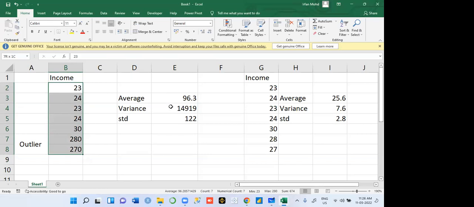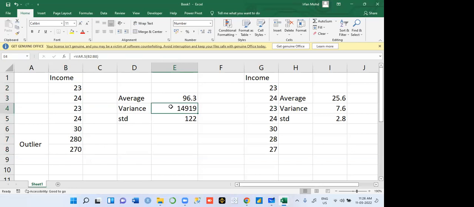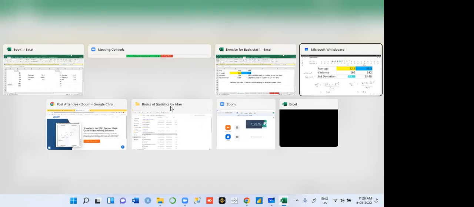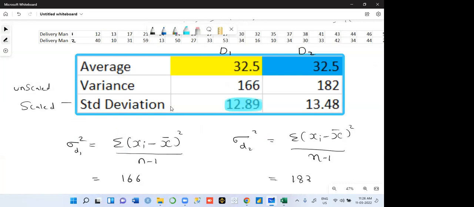In Excel, it has an inbuilt function. Every software has an inbuilt function. I am bringing Excel to make things work faster. If I do it manually, it takes time.